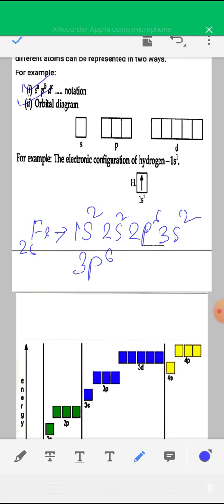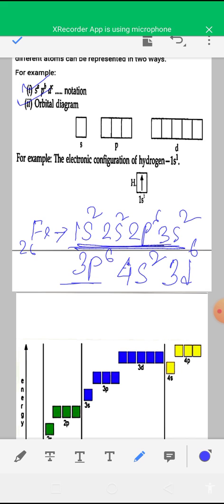So 1s2 2s2 2p6, that is 10, and 3s2 3p6, that is 18. Then after 3p, electrons enter the 4s orbital, 2 electrons, then 3d, so 3d6. Up to 3p6 it is the electronic configuration of argon.